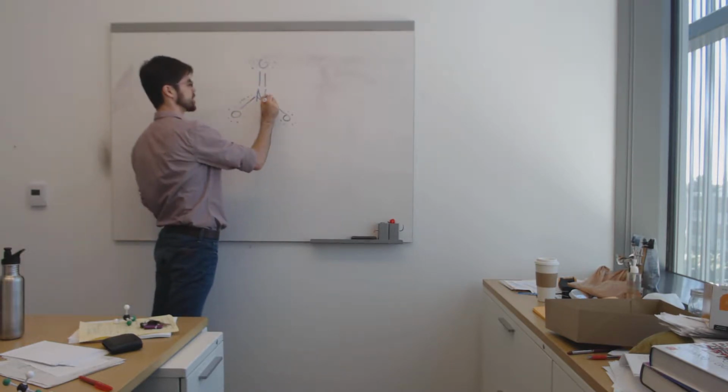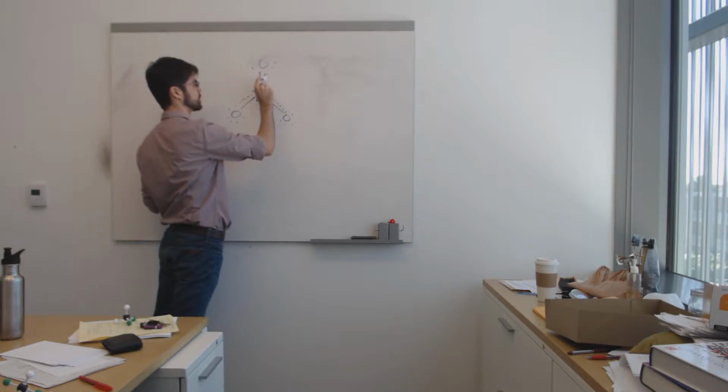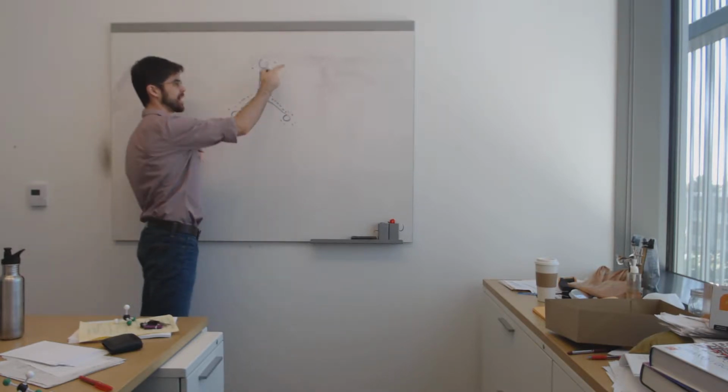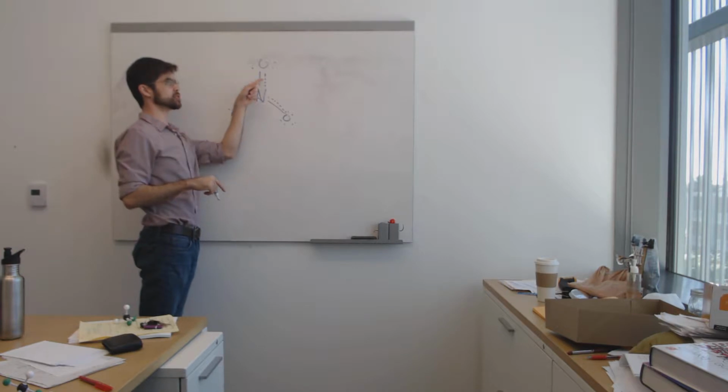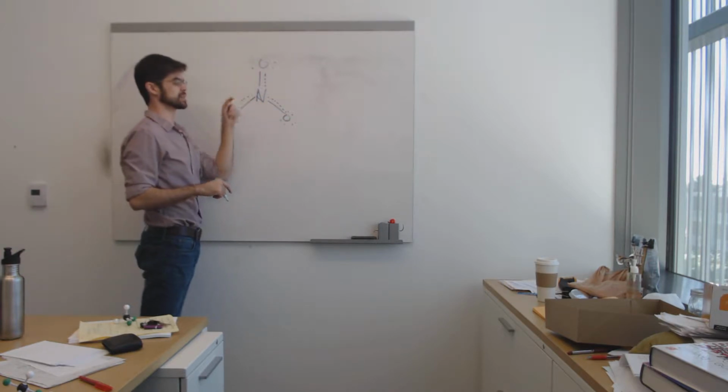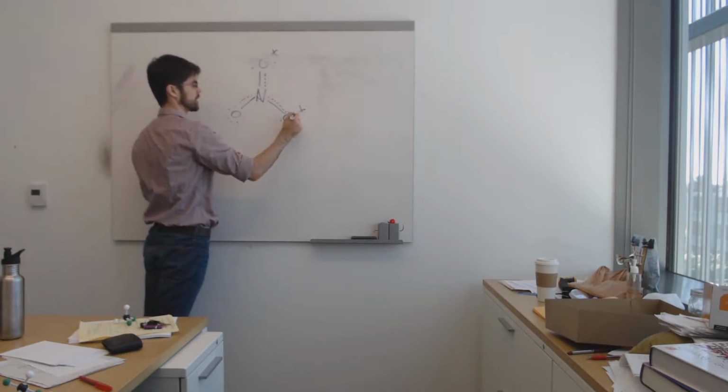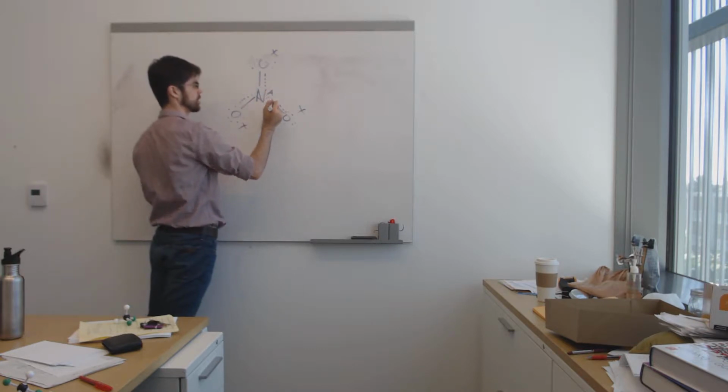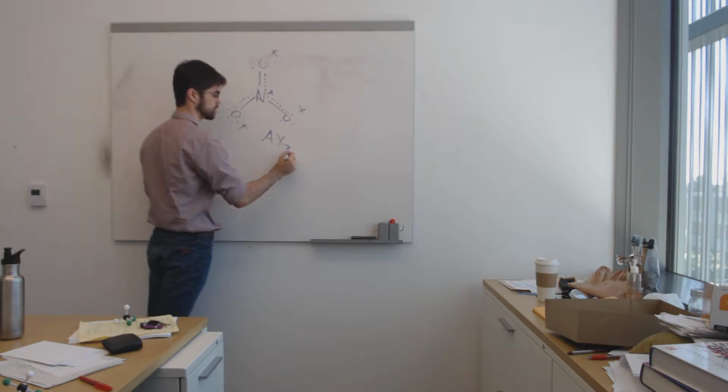So really, you should have a structure that looks something like this. But at the end of the day, you still have a nitrogen attached to 3 distinct atoms. So I would have X, X, X, and my central atom here I'll call A, so this would be AX3.